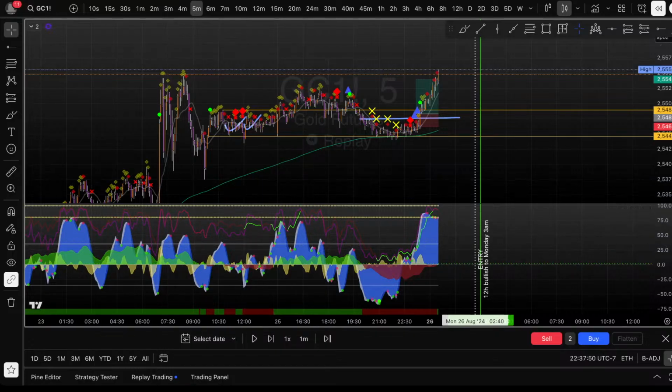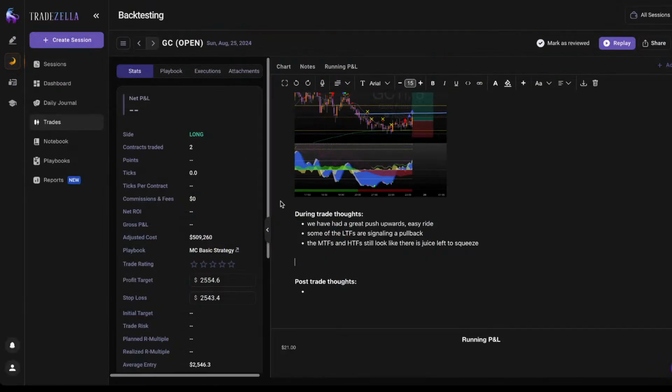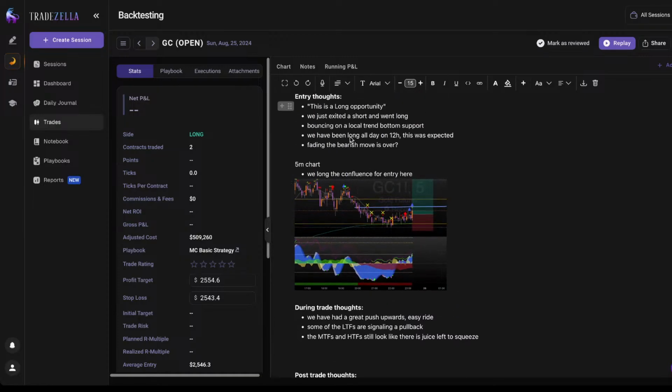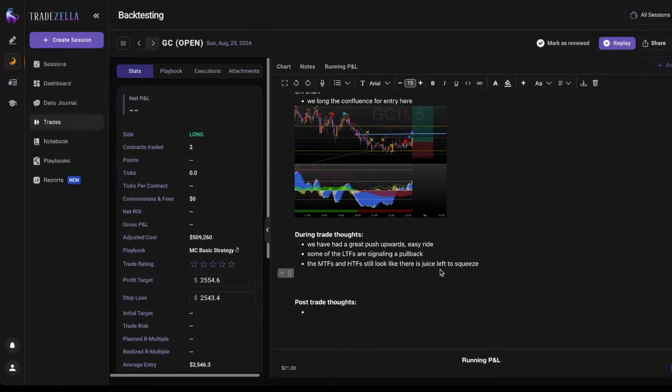So let me get my screenshot. I want all of this. Actually, I'm gonna get that. I'm just gonna make a note that the 12 minutes is bullish. Didn't we mention that? Yeah. We've been bullish all day on the 12-hour.